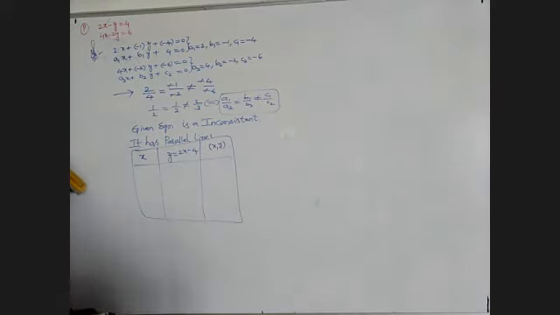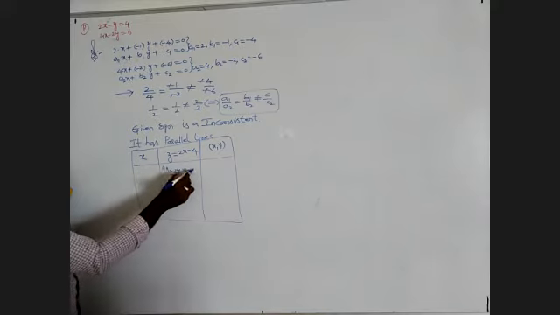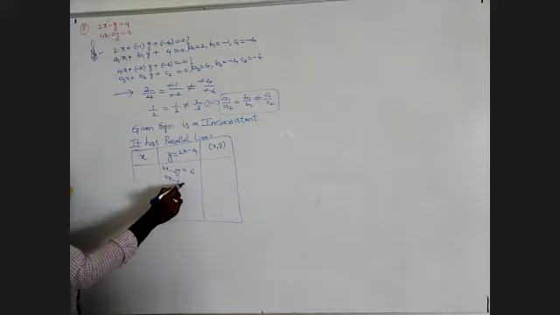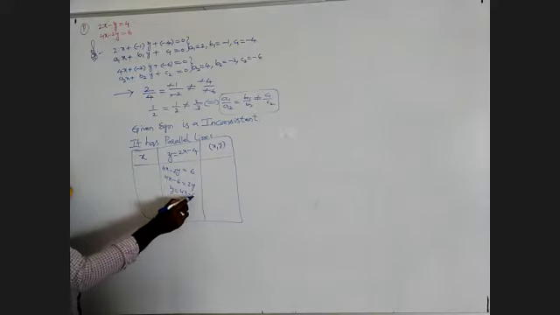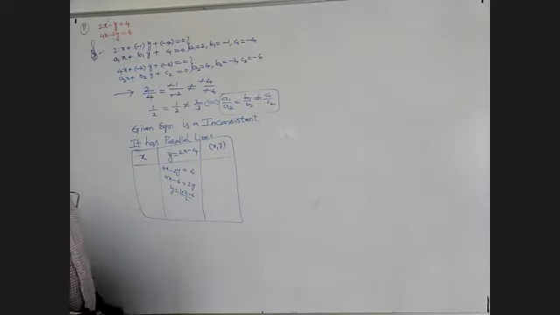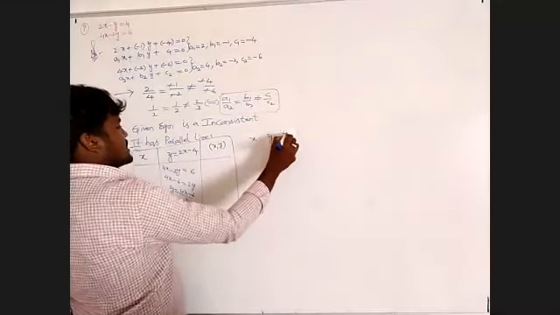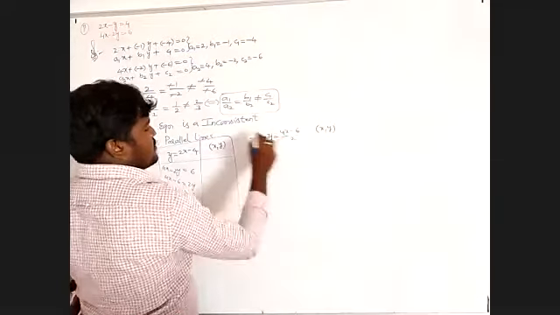How to take the second condition? What is given is 4x minus 2y is equal to 6. That means 4x minus 6 is equal to 2y. So y is equal to 4x minus 6 by 2. We write y is equal to 4x minus 6 by 2, and also I take x comma y.